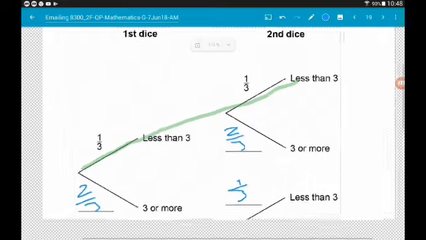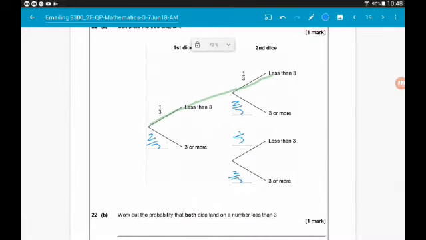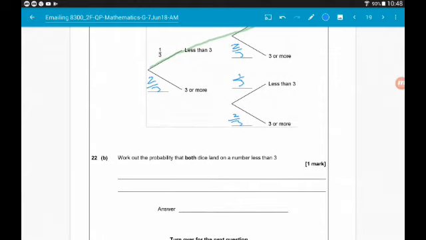When you're going along a tree diagram like that, we multiply the probabilities together. So this is 1/3 times 1/3, which gives us 1/9.